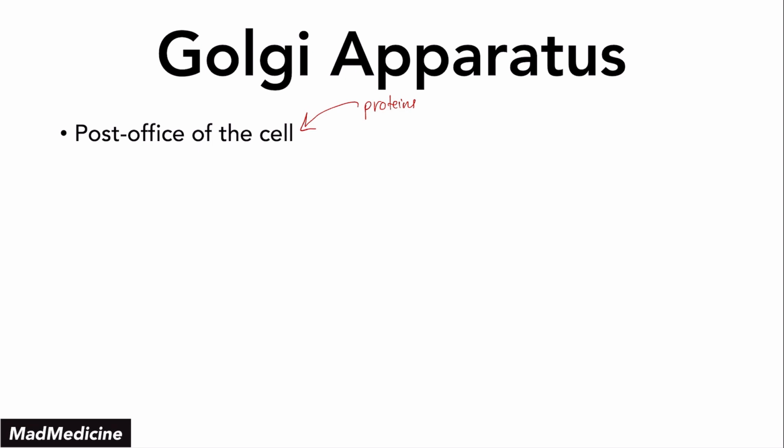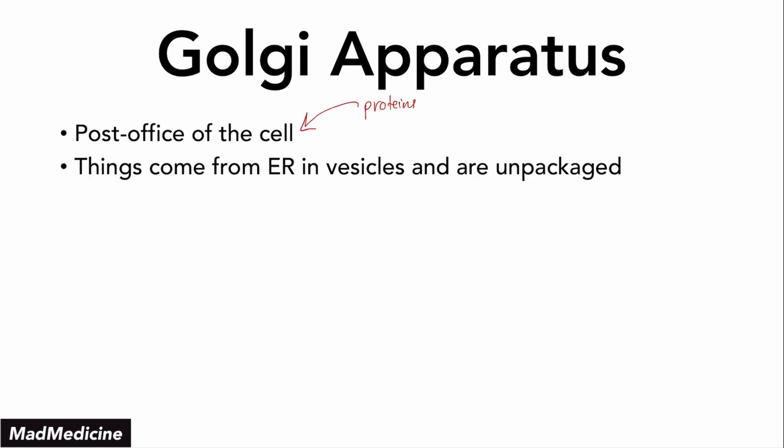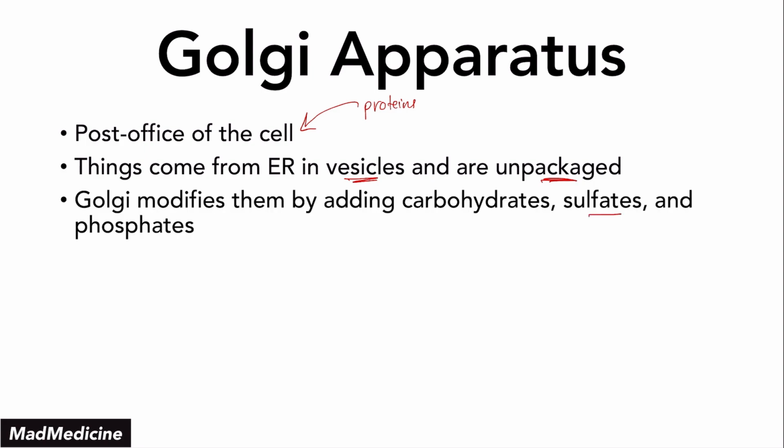So the things from the endoplasmic reticulum are actually going to come to the Golgi apparatus in vesicles, and they're going to be unpackaged. The Golgi apparatus is going to modify them by adding carbohydrates, sulfates, and phosphates. Why do you want to do that?